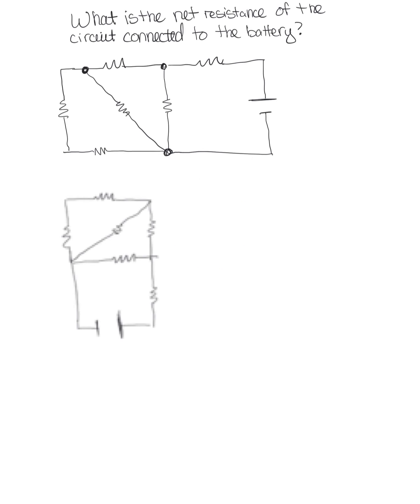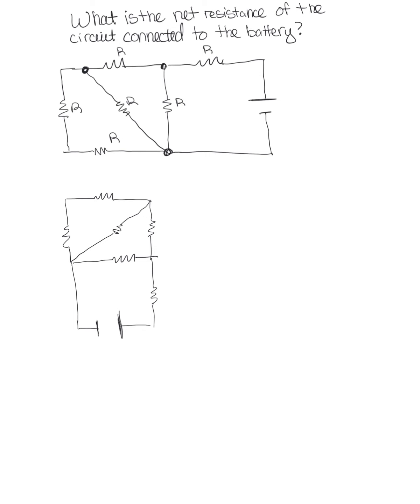Okay, so we have this problem here that says, what is the net resistance of the circuit connected to the battery? And these all are going to have a value of R. Now this I have flipped upside down. So this is the same resistor circuit as up here. I just think it's easier to see pieces this way, but you could keep it horizontal if you'd like.